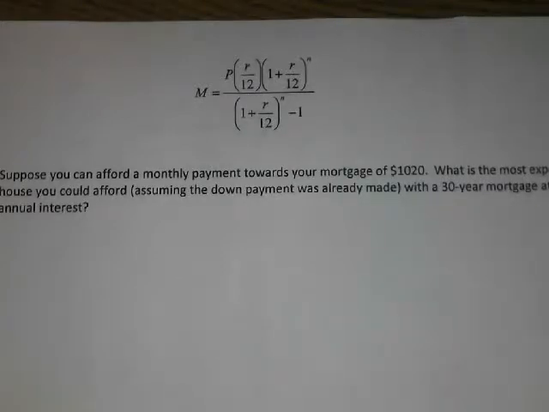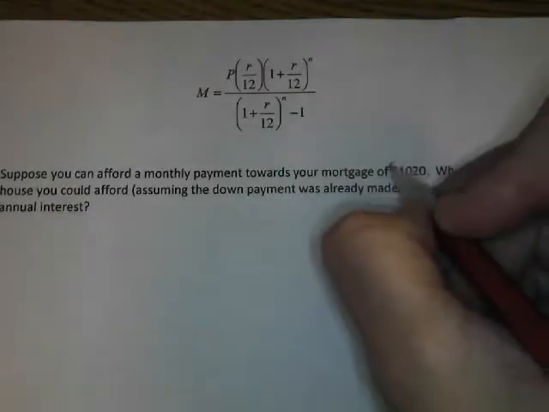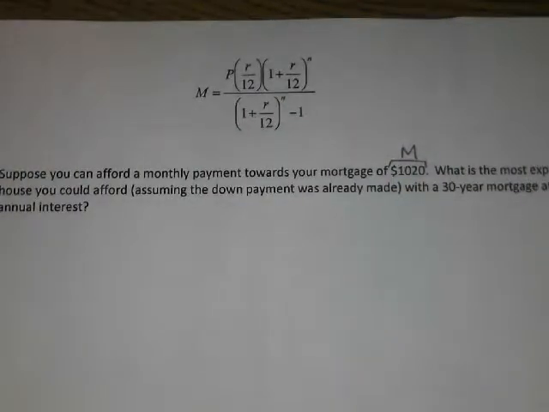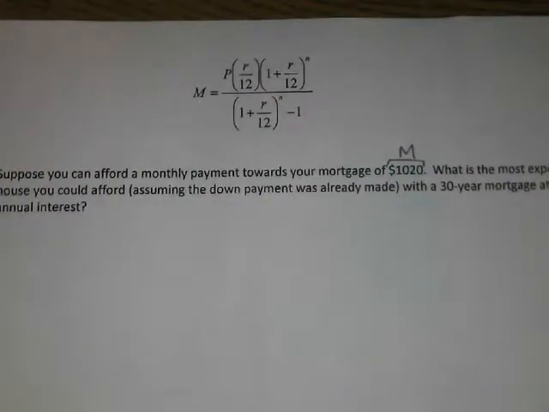Anthony, what can we take from that sentence? The monthly payment is $1,020. Okay, so what variable is that? M. Monthly payment, $1,020. What is the most expensive house you could afford, assuming the down payment was already made, with a 30-year mortgage at 3.75% annual interest?